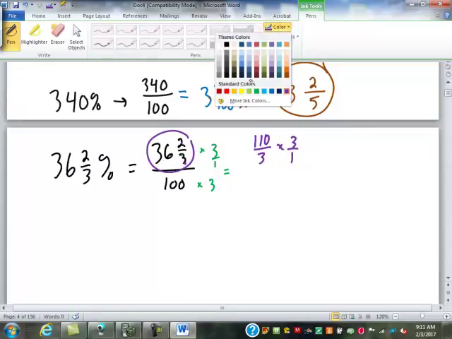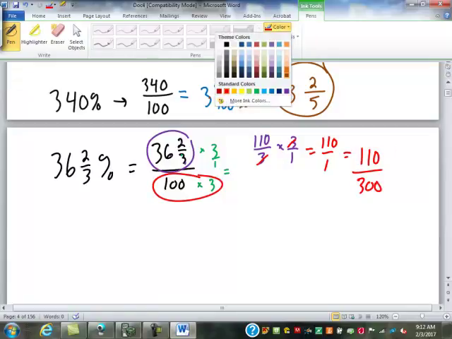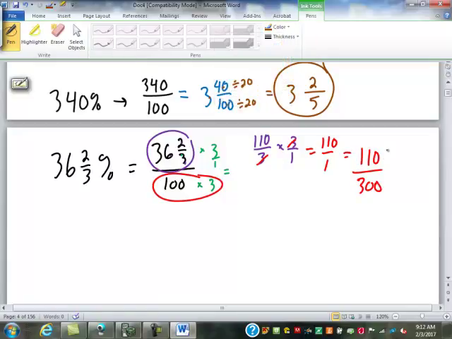Cross cancel my 3's. I get 110 over 1, or just 110. On bottom, I have 100 times 3, which is just 300. And I can reduce. Both of those can be divided by 10. Gives me 11 over 30.